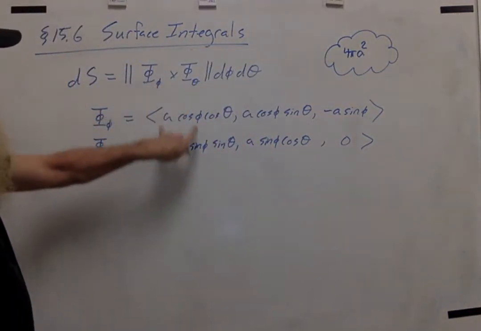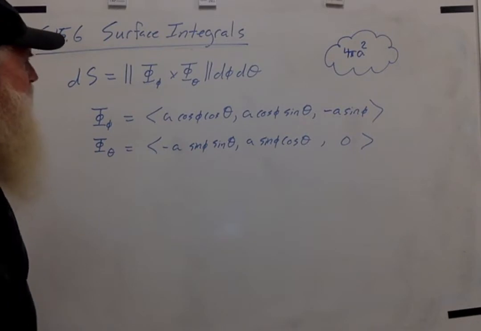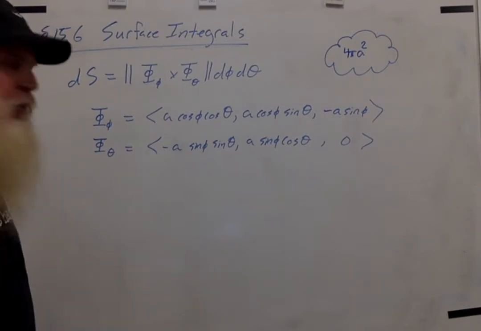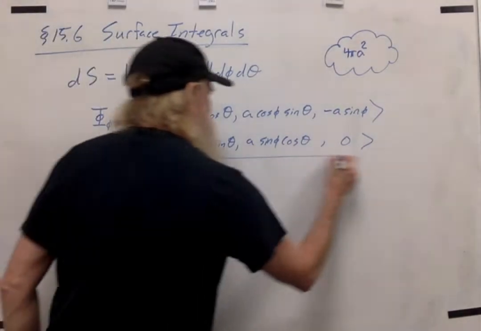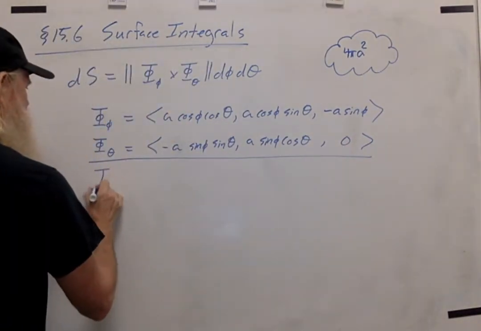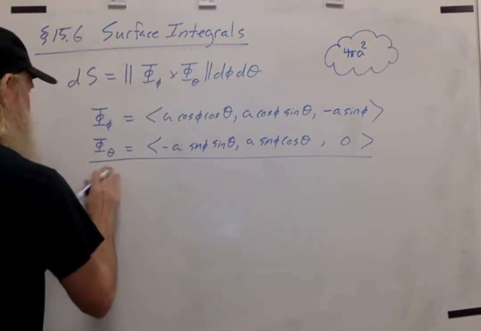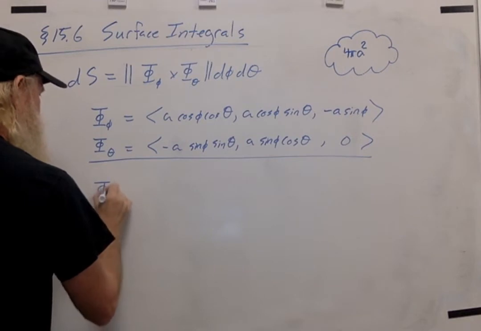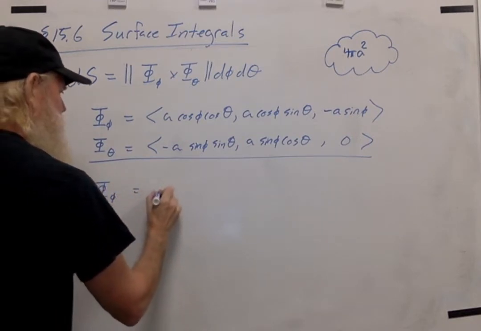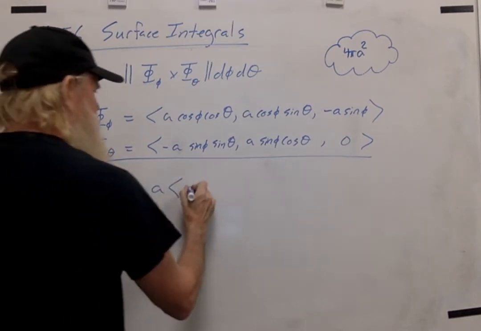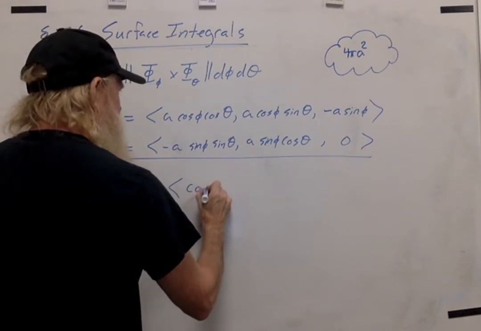Now I need to cross these two vectors, but I can save myself some work by factoring common factors out of each vector first. So first of all, let me notice that in the derivative with respect to phi, I can factor an a out. That saves a little bit, not a lot.